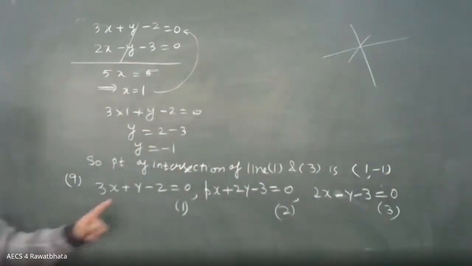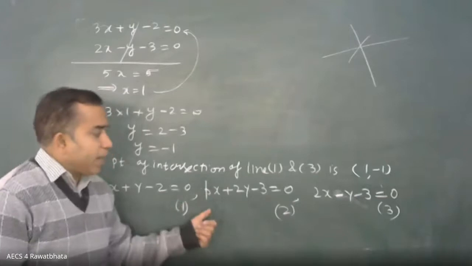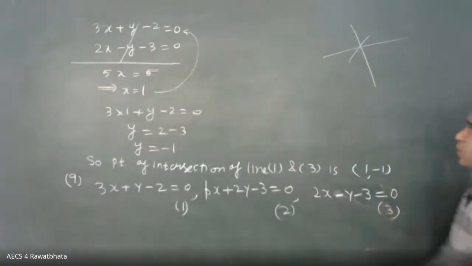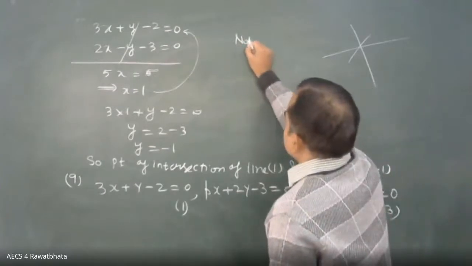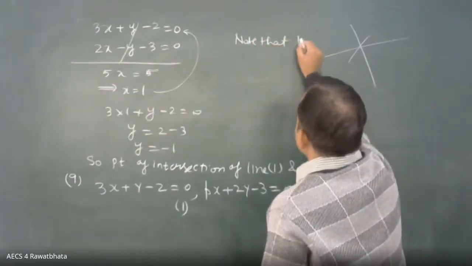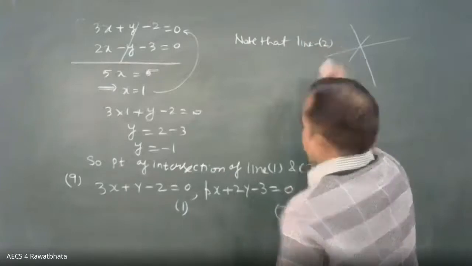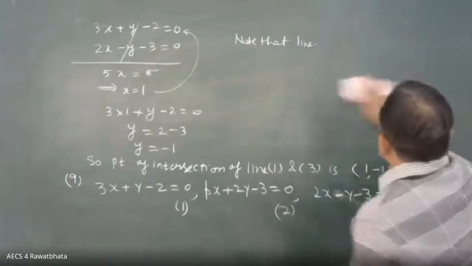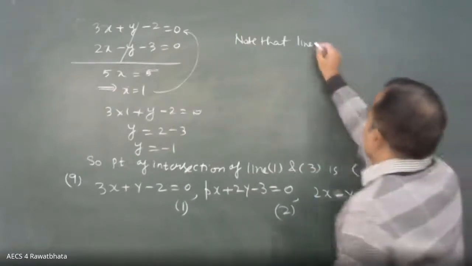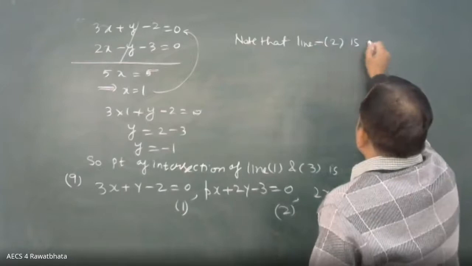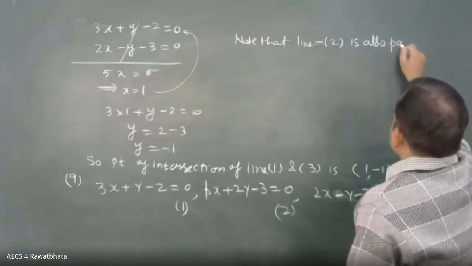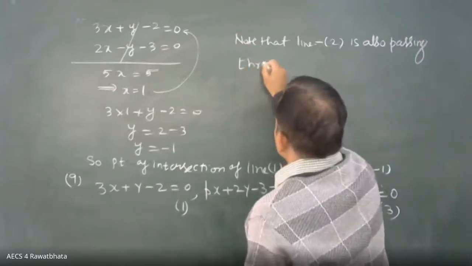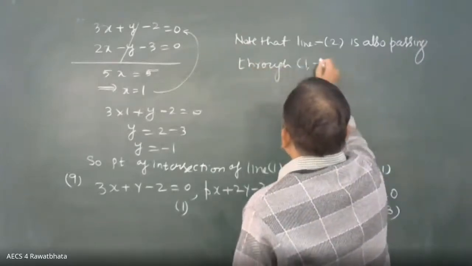And note that it is given that the second line is also passing through the same point, 1 comma minus 1. So note that line 2 is also passing through 1 comma minus 1.